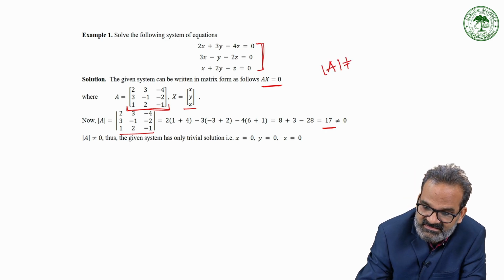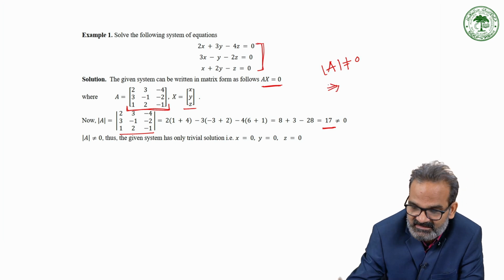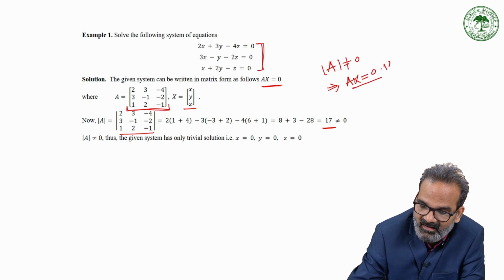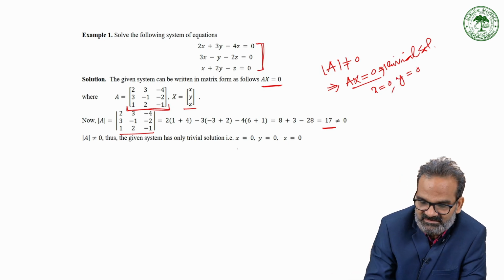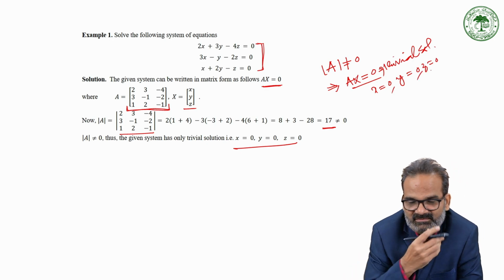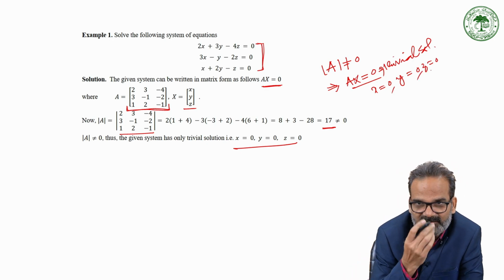Determinant of A is not equal to 0, and this implies the system Ax is equal to 0, the homogeneous system, will have a trivial solution, right? Trivial solution means the values of x and y both are 0, right? So the system has a trivial solution, that is z is also 0, because there are three variables, right?